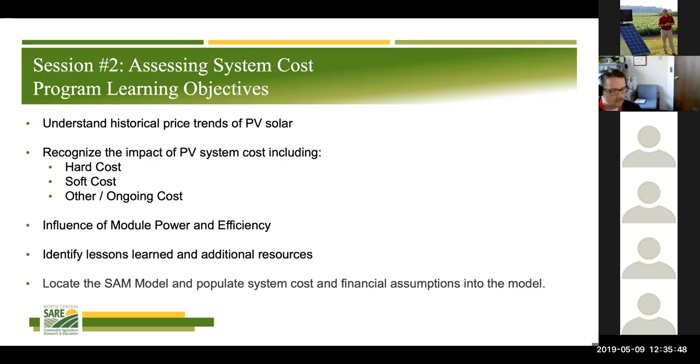Then we're going to take a brief moment to look at the influence of improved panel efficiency and power output. And then we'll summarize with some lessons learned and provide some additional resources. Provided we have time, we'll open up the System Advisor Model and possibly introduce you to that tool as well.